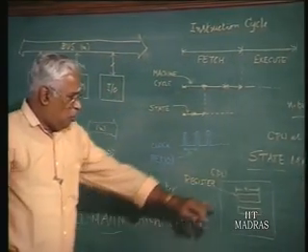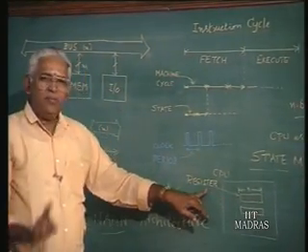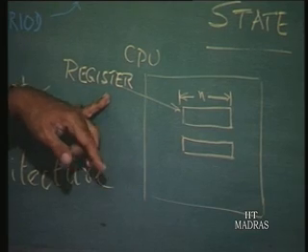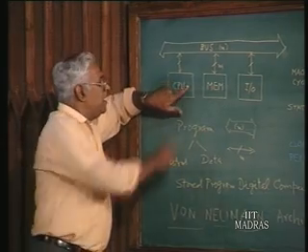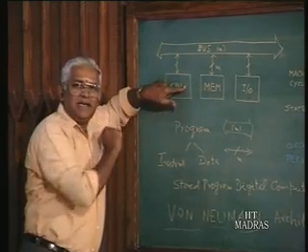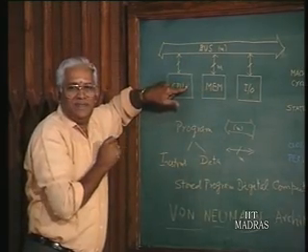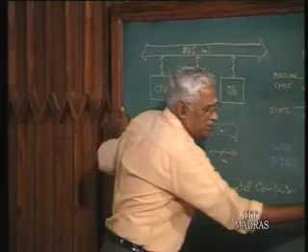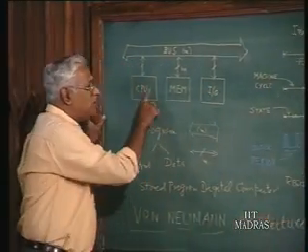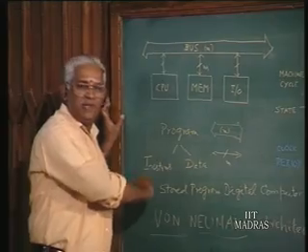So the CPU holds some data in the register. Now as long as the CPU holds data, the CPU need not address the memory to get that, it's available internally. If the CPU does not have the data in itself, then only it needs to access the memory.